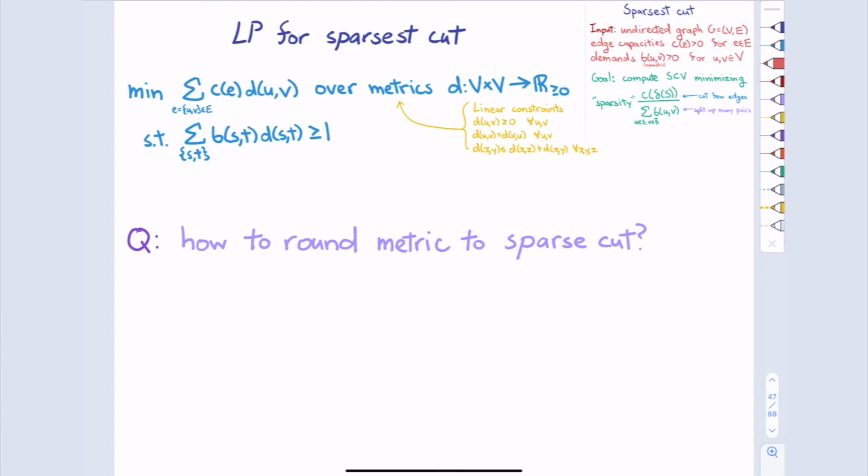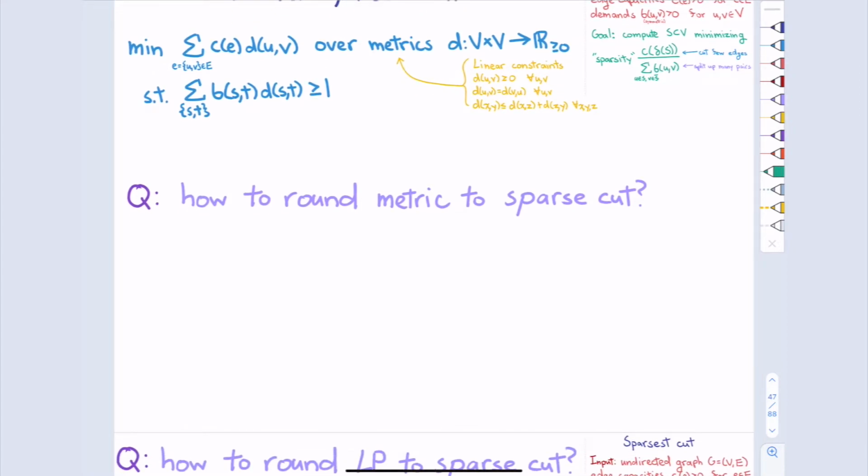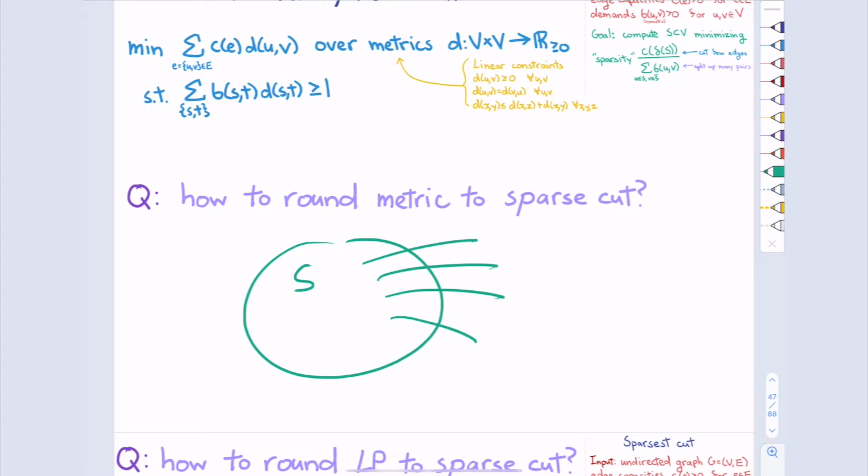Yeah, we can try rescaling and then maybe try different scales and hope one of them works. Okay. Well, one issue that's going to be tough is that what we really want to do is, for a set S, output all of the edges crossing that set.